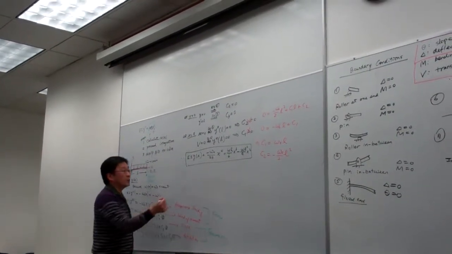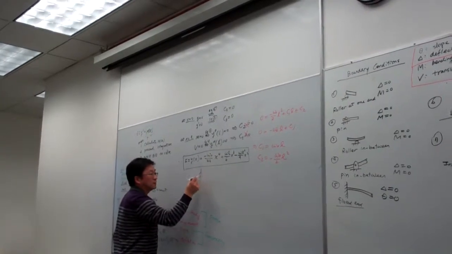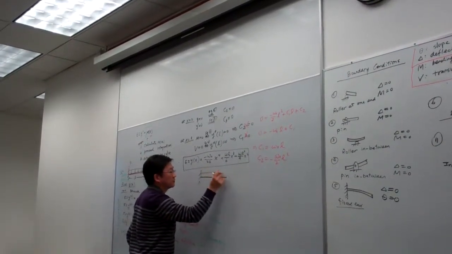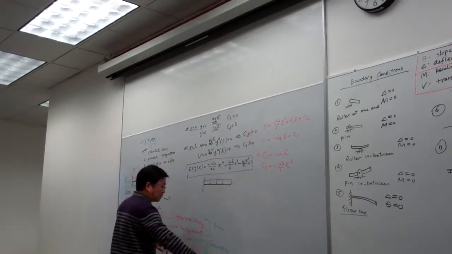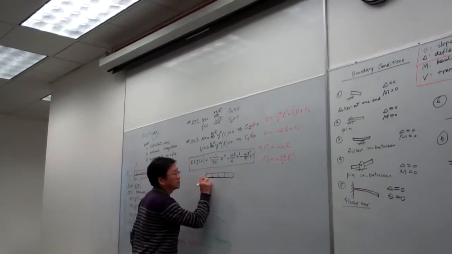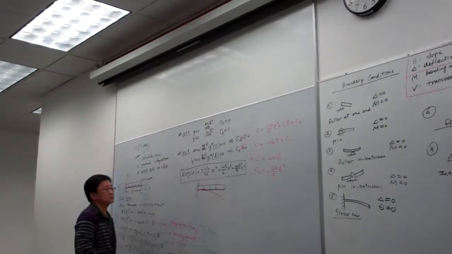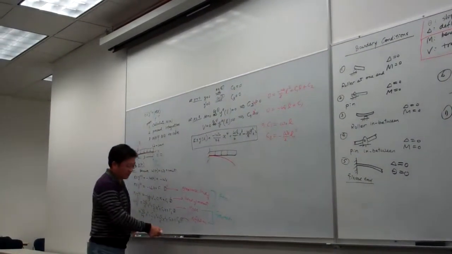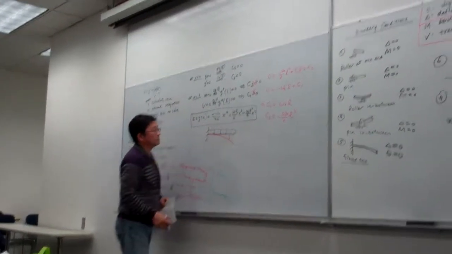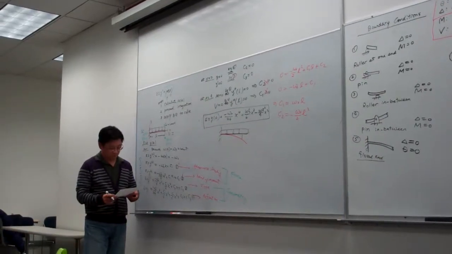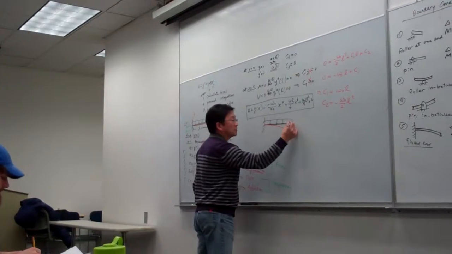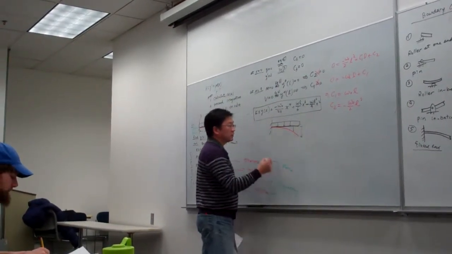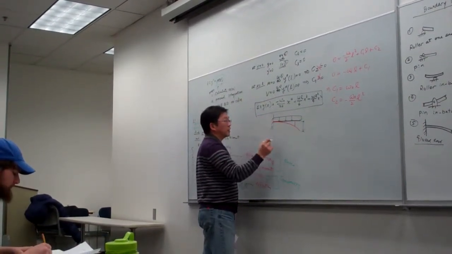If we are able to draw the deflection, this is the given one. The deflection should be like this. So if we want to calculate how much this one is, we can plug in EI.